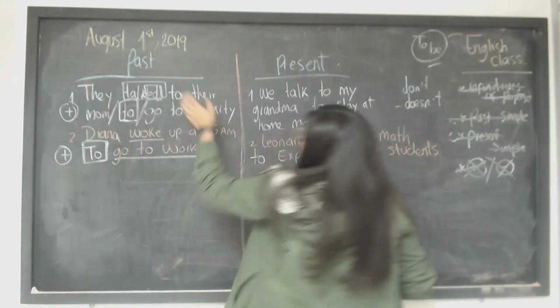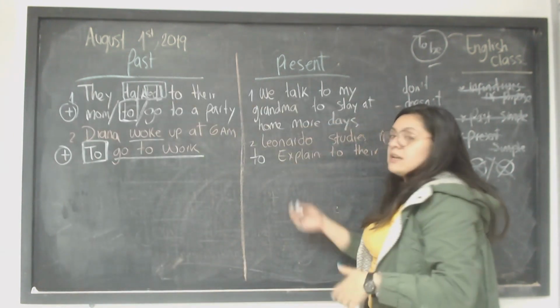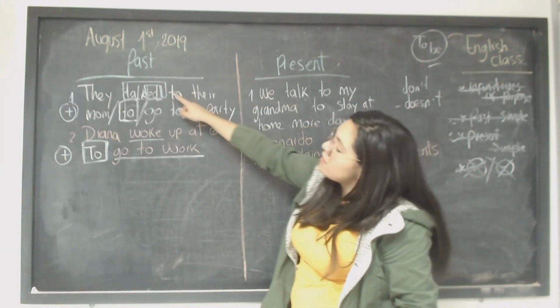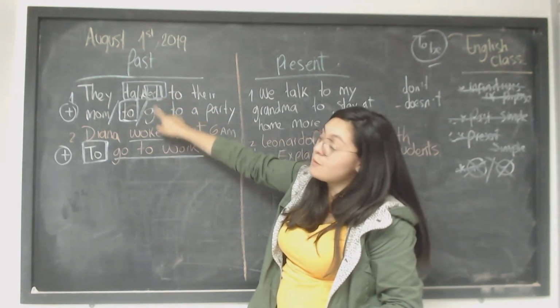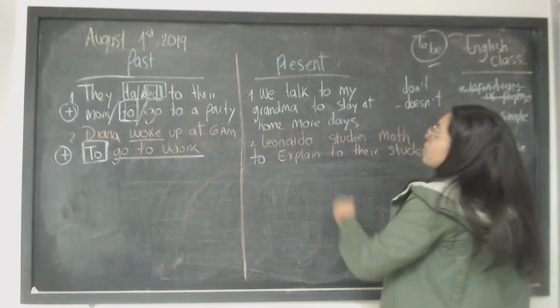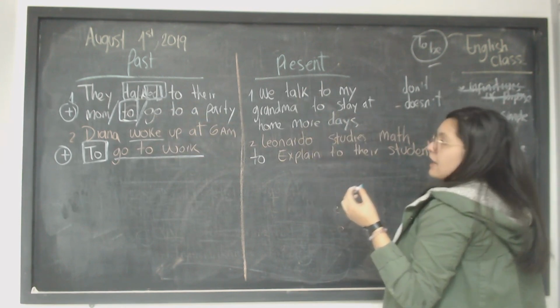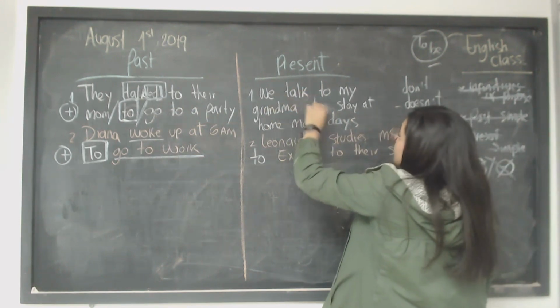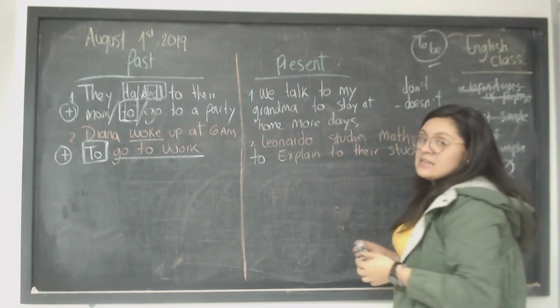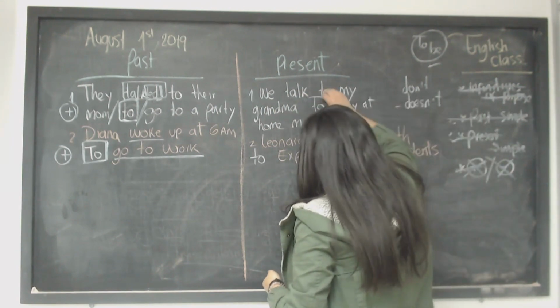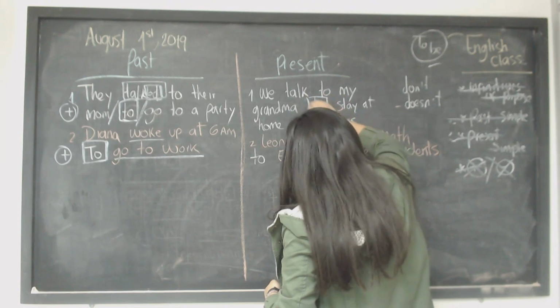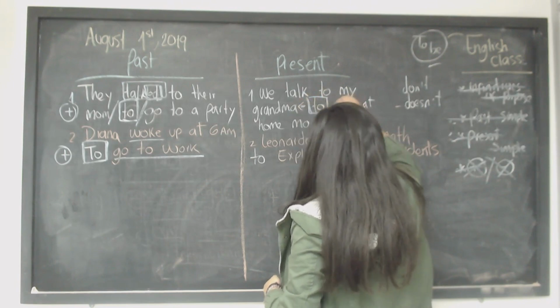Then let's go to the present, vamos a ir al presente. So remember, irregular verb, and then we have the present. So we talked to my grandma to stay at home more days. Nosotros hablamos con la abuela para quedarnos más días en casa. So, to is the connection between the two sentences, es la conexión de estas dos frases.